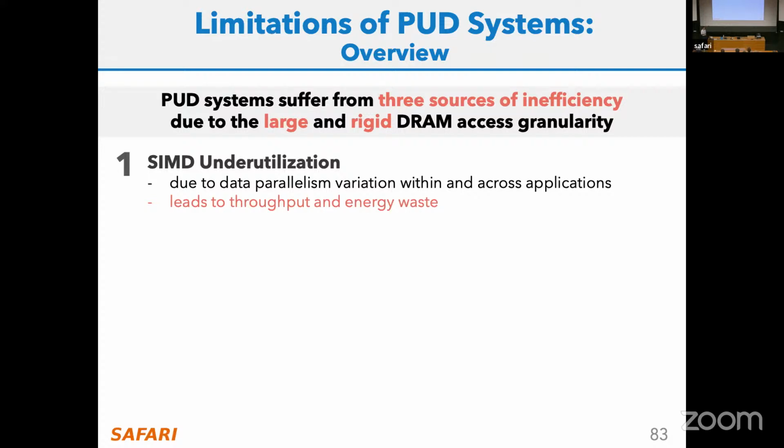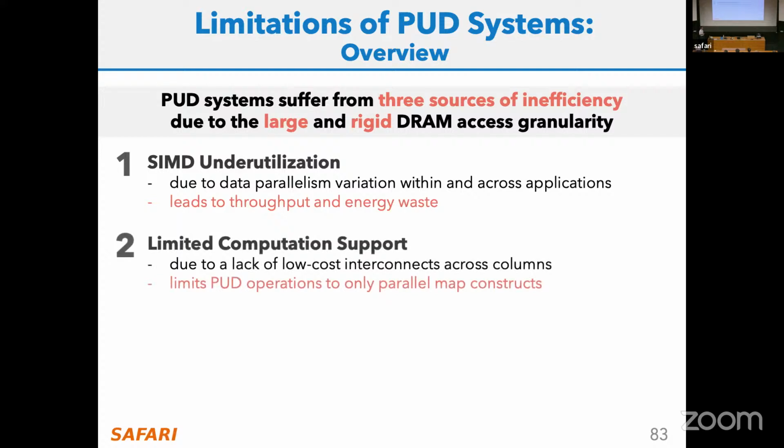And even if you have the parallelism, you need exact multiples of 65,000 data elements so that you can compute at a time. Otherwise, you're going to end up with SIMD underutilization. This is going to lead to throughput and energy waste for your application.